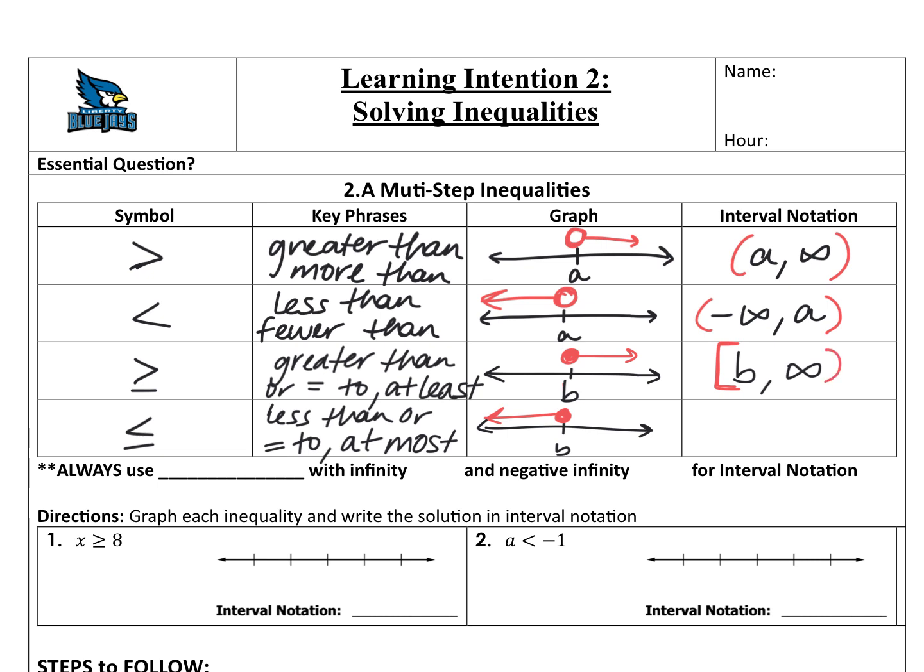And then it's a parentheses at infinity still. The other one goes from negative infinity to B. You still have to have parentheses at infinity, but then because B is a closed circle, B gets the bracket because that means it includes. So that's our way of saying it. Closed circle is the same thing as bracket.